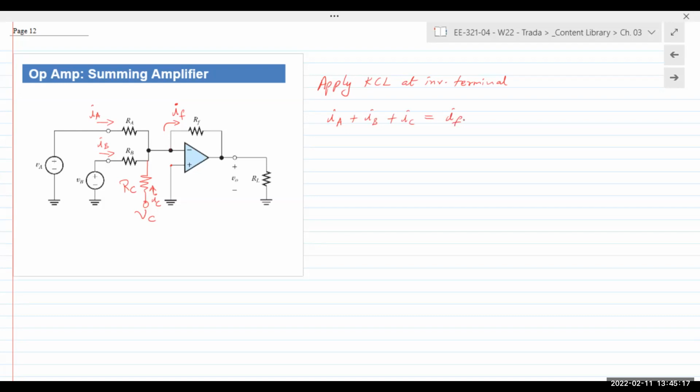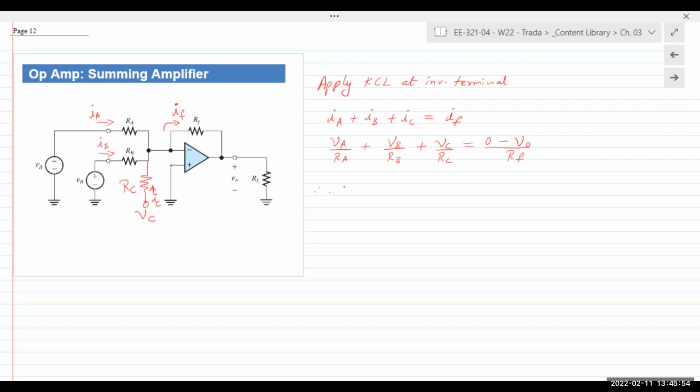We express each of these currents in terms of the node voltages across the resistors. IA is simply going to be VA over RA. IB is going to be VB over RB. Well, it's VA minus the inverting terminal, which is 0. I'm just omitting that 0. You've got VC over RC is equal to 0 minus V out divided by RF.